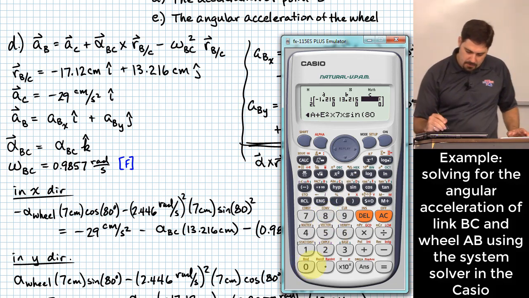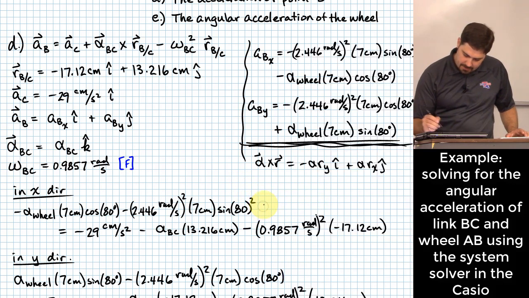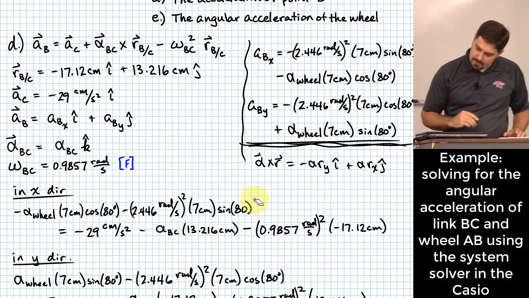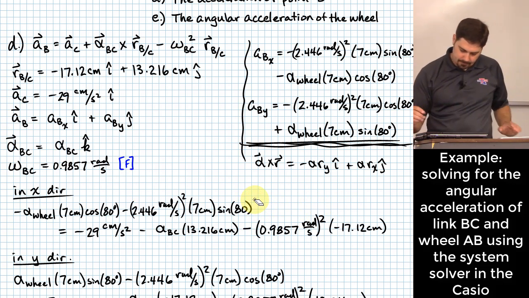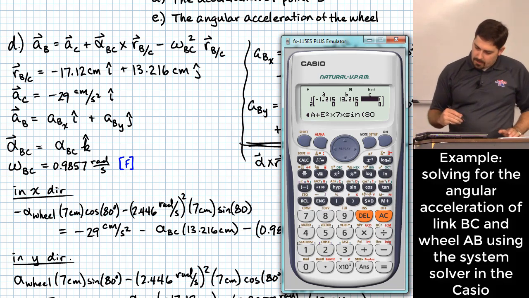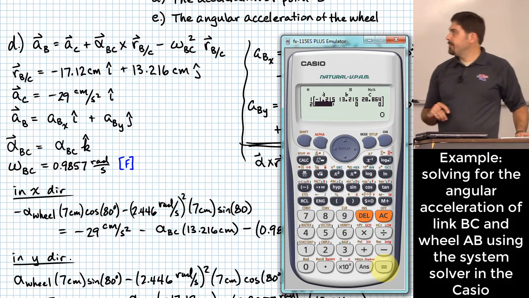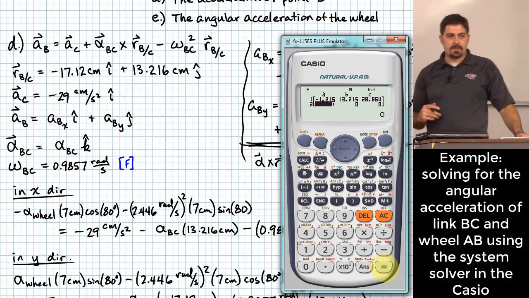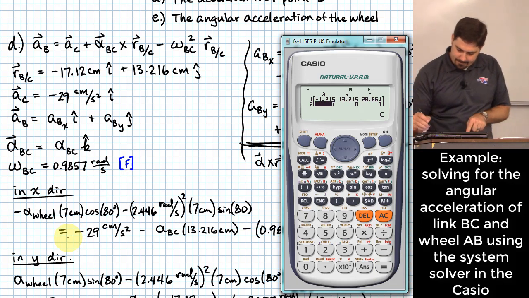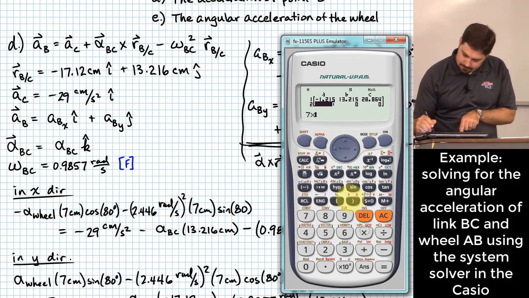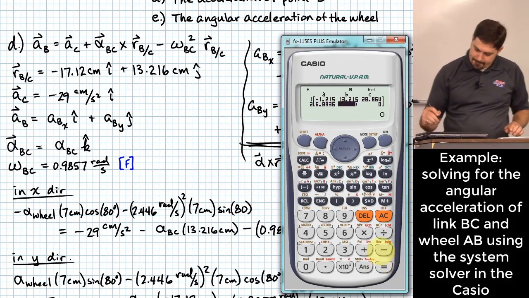I think something got stuck up here that shouldn't have gotten stuck up here. All right. All my entries are now made for my first equation. Next equation, I'll have 7 times the sine of 80 degrees. Okay.